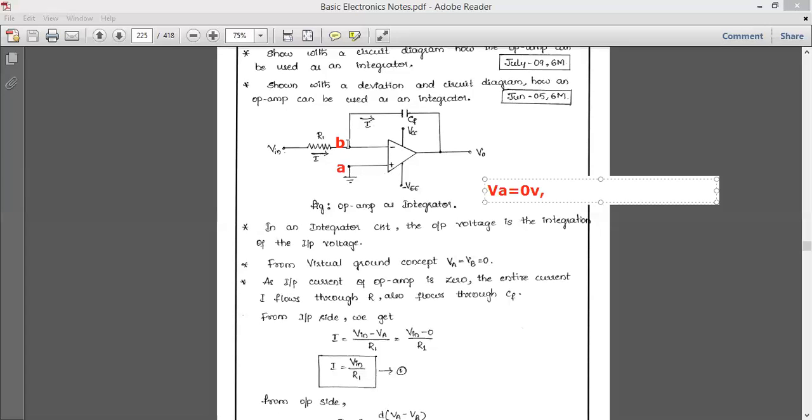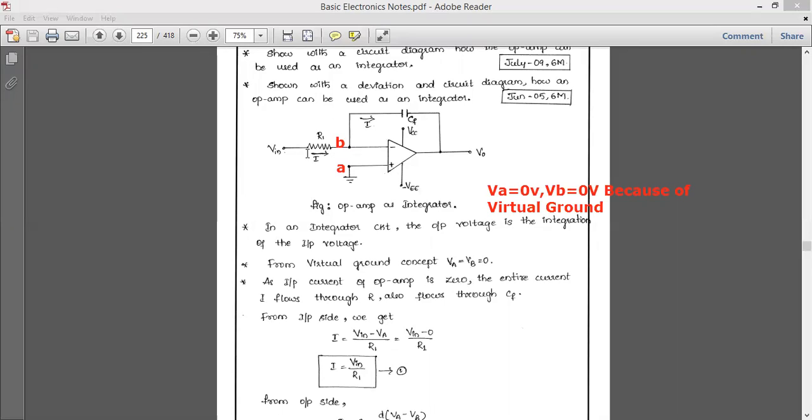Similarly, the voltage at point B is also equal to 0 volt because of virtual ground. Now, as the voltage at point B is equal to 0, no current will enter into the op-amp.